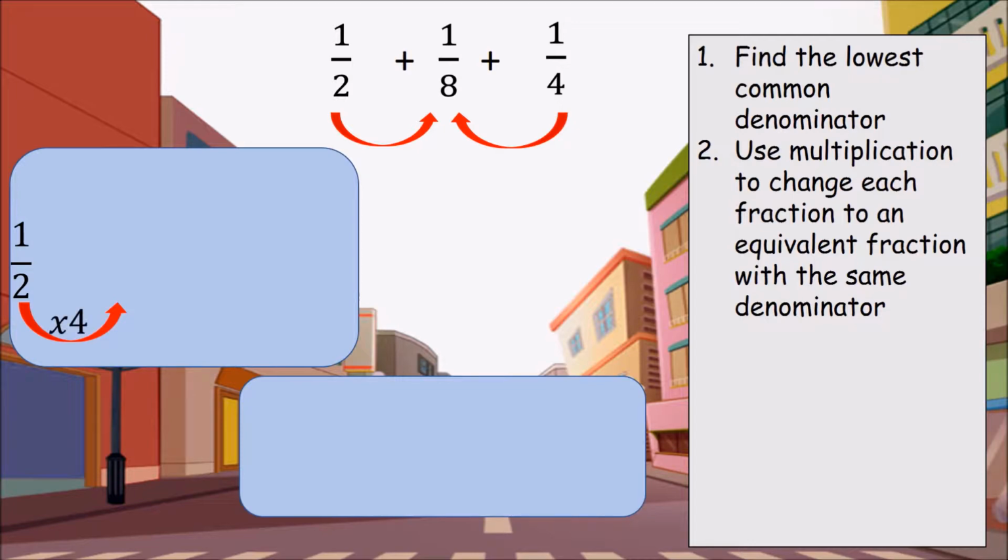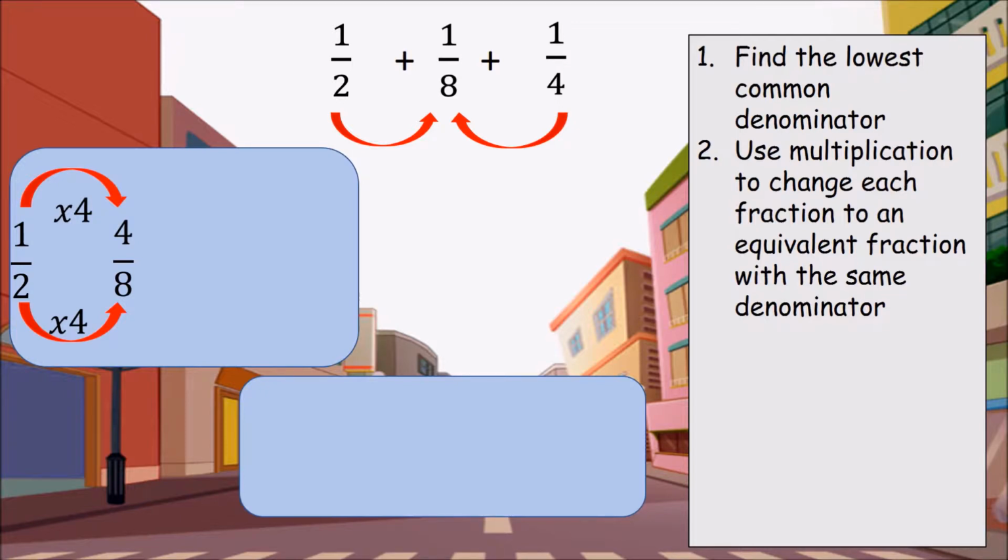So we're going to multiply the bottom by 4. And as you know, whatever we do to the bottom, we always do to the top. So we're going to multiply the top by 4. So 2 times 4 is 8 and 1 times 4 is 4. So we have 4/8. That's the equivalent fraction of a half.